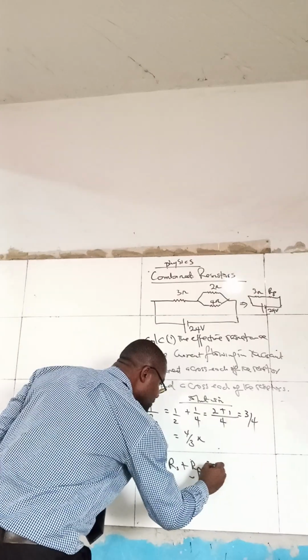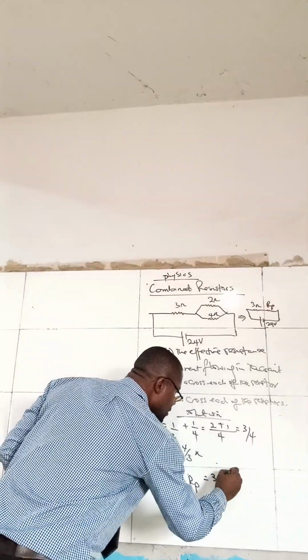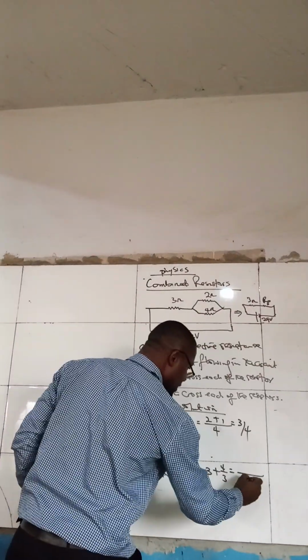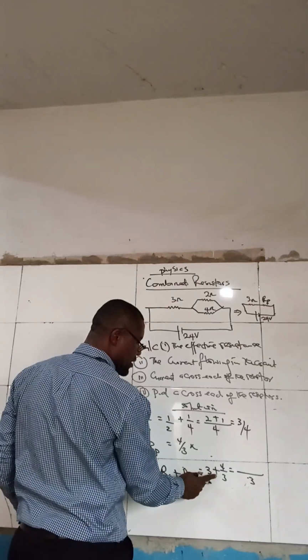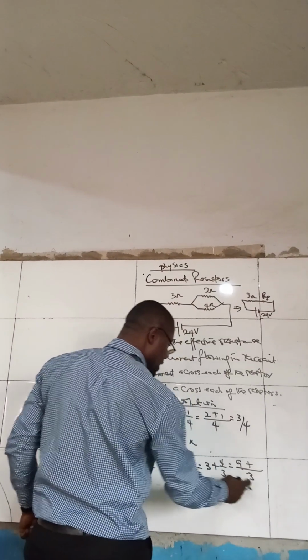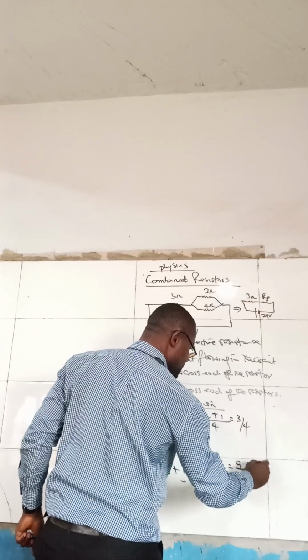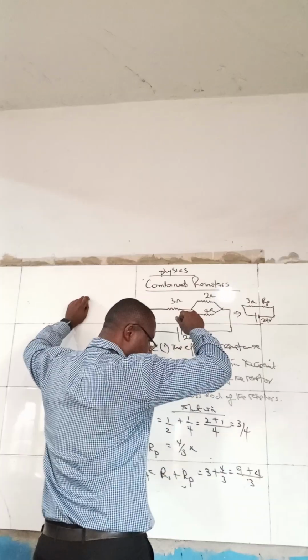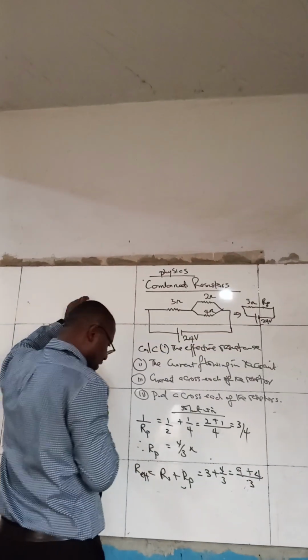So that will give us 3 plus 4/3. We still have to look at the LCM, which is 3. This is 3/1, 3 times 3 is 9, plus 1 times 4 is 4. So you now have 9 plus 4, which is 13/3.